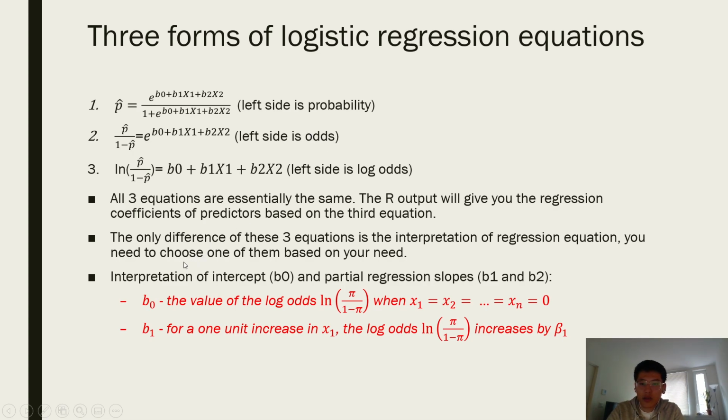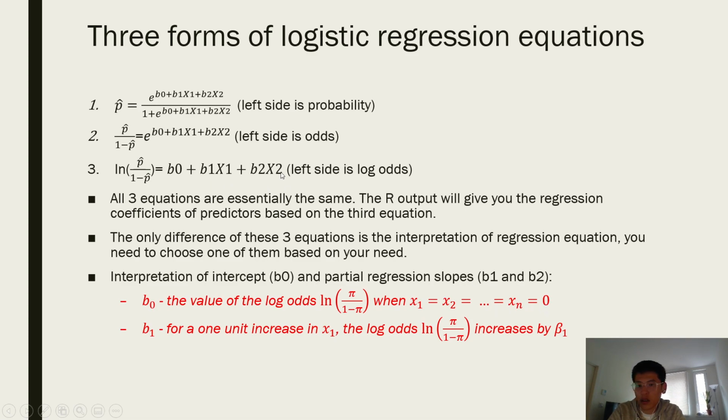Okay, so you can see here for interpreting the intercept and the partial regression slopes, which are our coefficients. For the intercept, it means the value of the log odds, which is a logit, when x1 equals x2 equals everything equals 0.